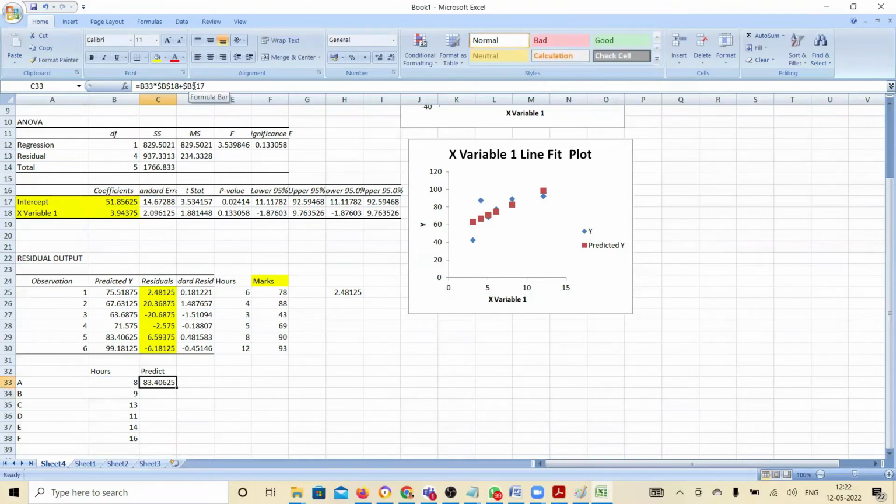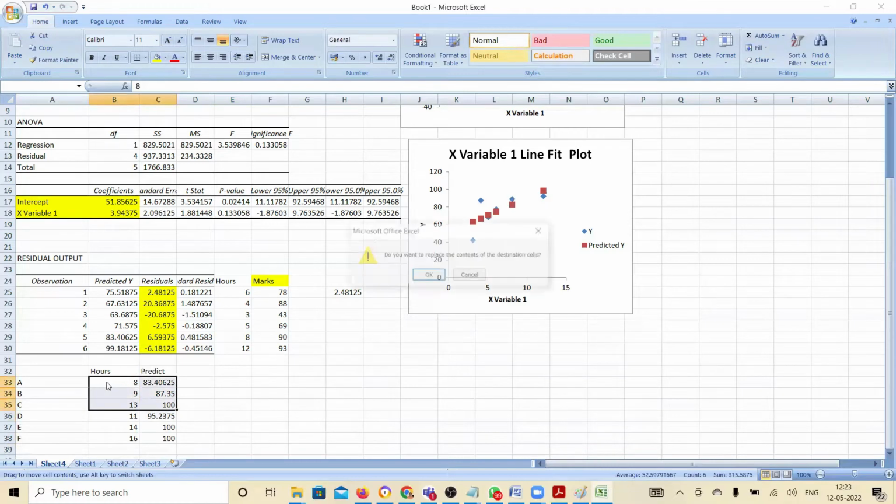Now I can copy and paste. Sorry. C. Okay. So of course, maximum marks is 100. So anything more than 100, you will round it off to 100. In this case. So this is how you are predicting. So now you are able to predict the data, right?